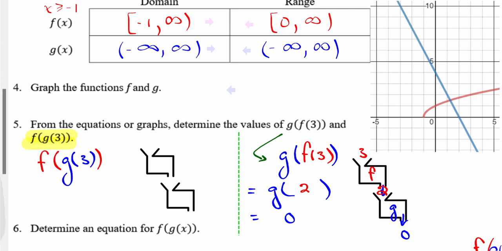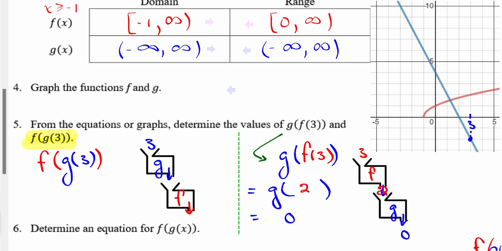So now as we look at that composition, 3 is going to be the input, and it's going to go into our g of x function. That's going to give us some output, which will become input into the f of x function, and that's going to give me some output at the bottom. So again, I look to see here where x is 3, and I see what's the value of g of 3.